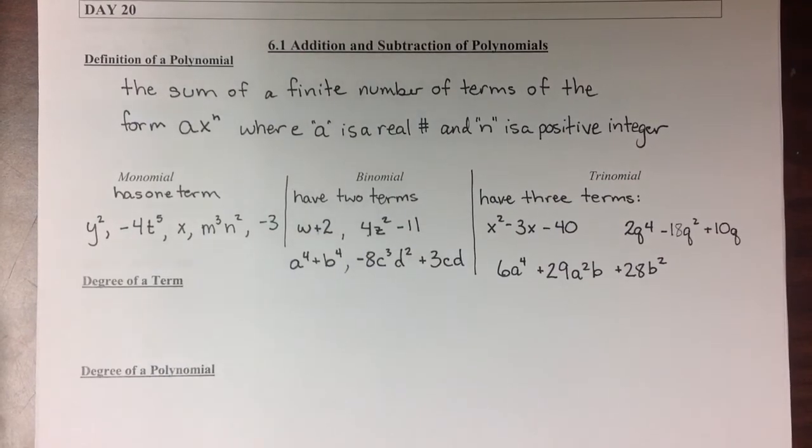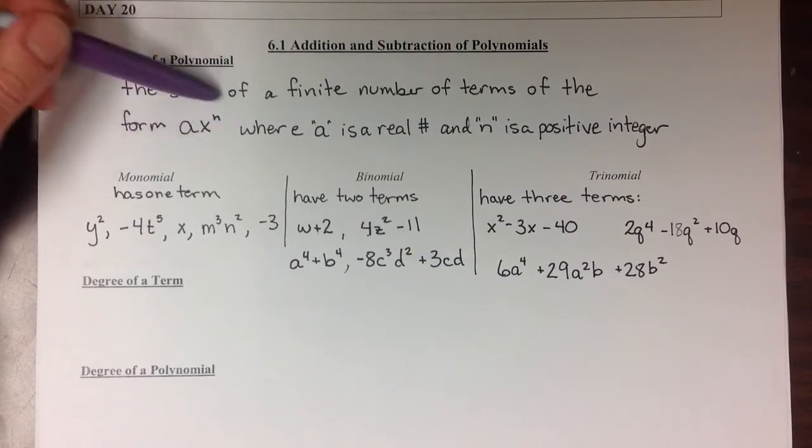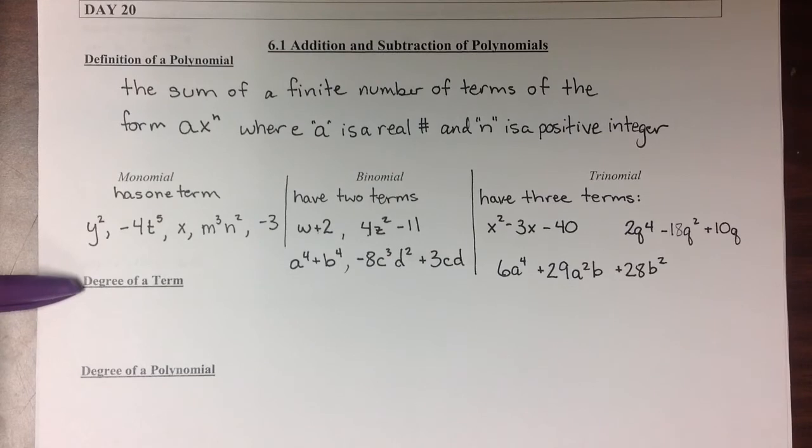The next thing we want to look at are some attributes that polynomials have. So because our terms now have exponents in them, we're going to have a way of defining each of these terms that we call the degree of a term.